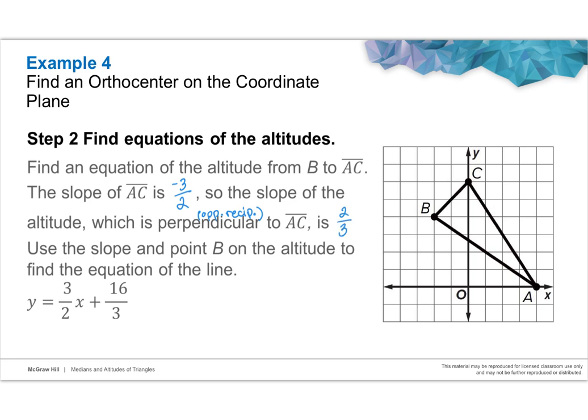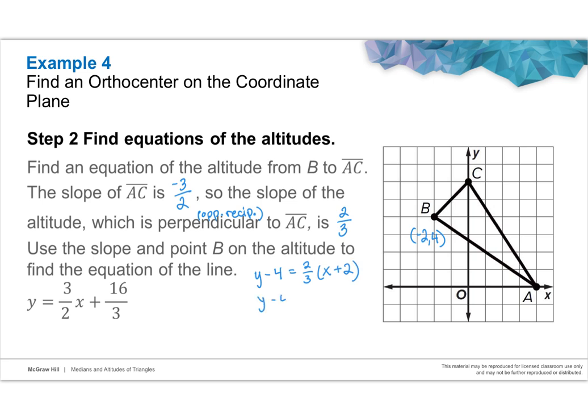2/3. So now we're going to use that slope, 2/3, and the point B to find the equation of the line. Now they're giving this to you, but let's go through that process. Remember, we're going to use point slope form, and point B is the coordinates -2, 4. So we have y minus 4 equals 2/3, and x plus 2 minus -2, right?